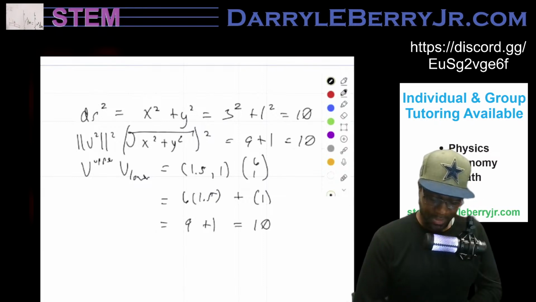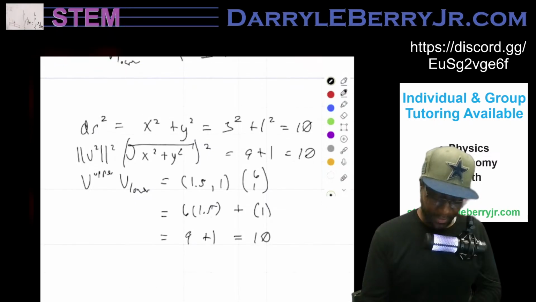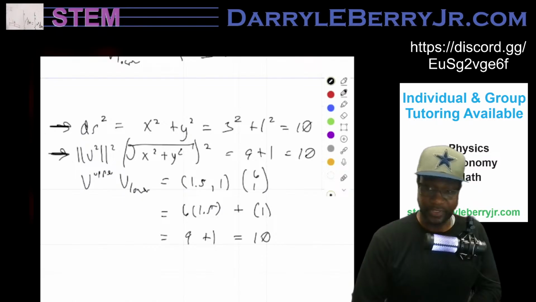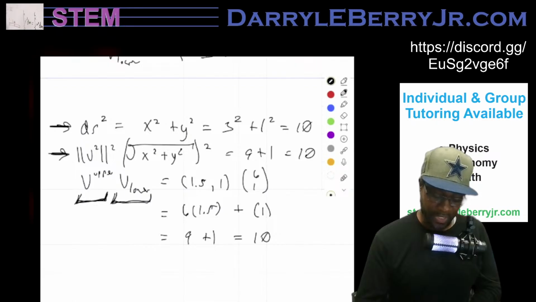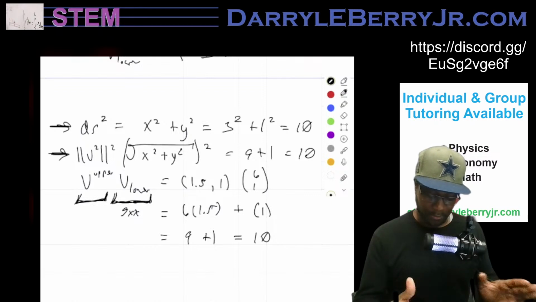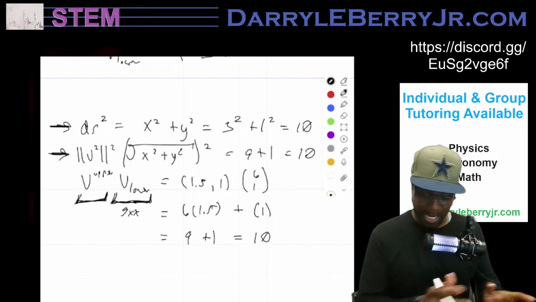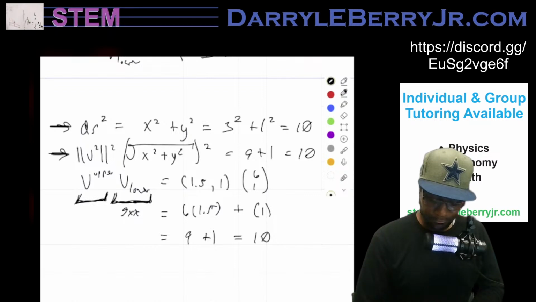See how that works? So we have the differential element. And the normal Cartesian way we'll do the length of a vector gives us 10, the magnitude of 10. We got the contravariant vector in Einstein notation and the covariant vector in Einstein notation by utilizing the metric to convert between the two, the x and the x prime, the y and the y prime.